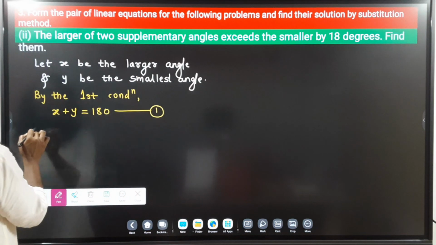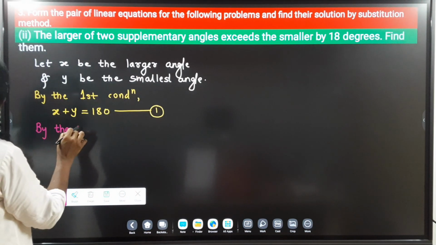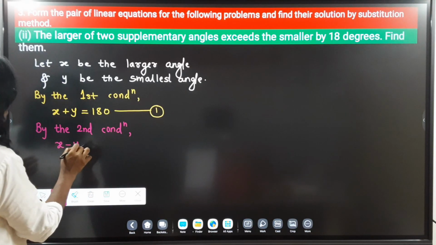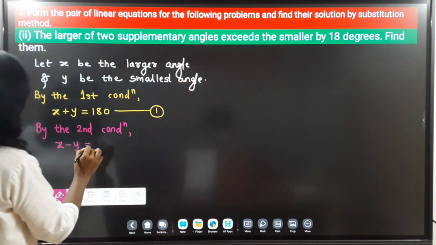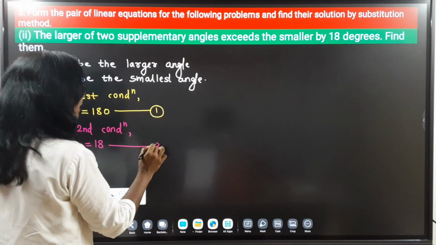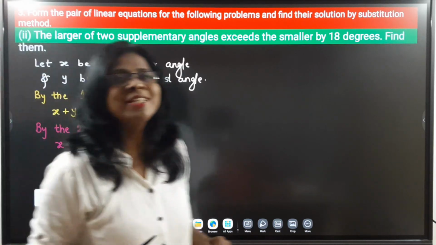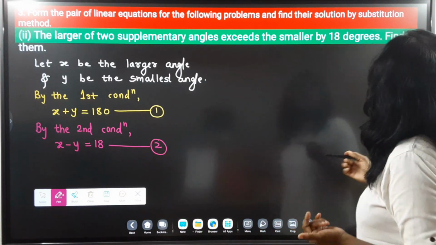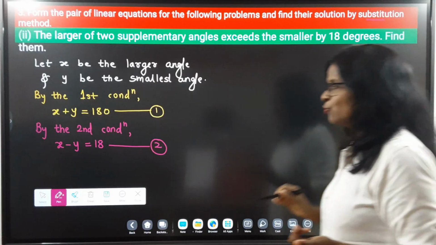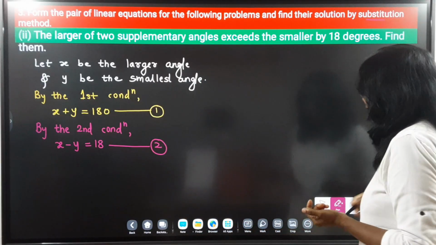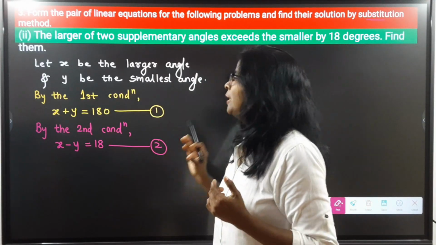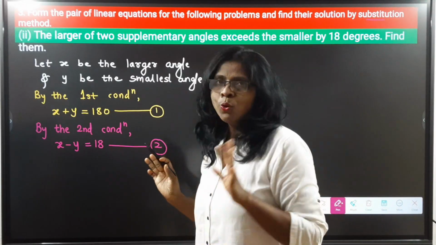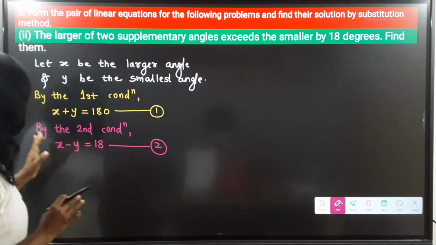So by the second condition, x minus y is equal to 18 degrees. Now we have two equations, and we solve these two equations with the help of the substitution method. For the substitution, I choose the second equation.